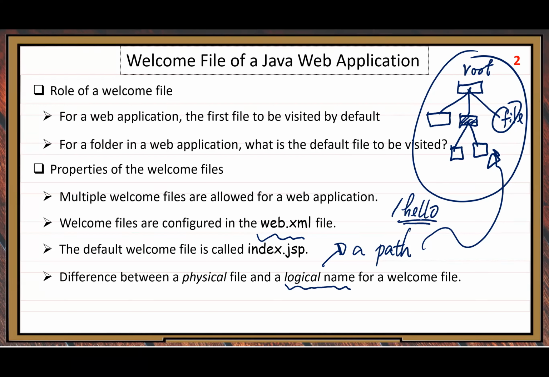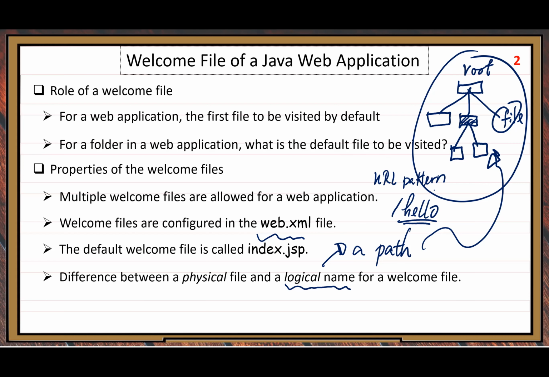This is my URL pattern for that servlet. But this name is a logical name. Can you find a node inside the tree? There is nothing inside the tree called lowercase hello. You cannot find it. So it's not a physical file, it's a logical name.